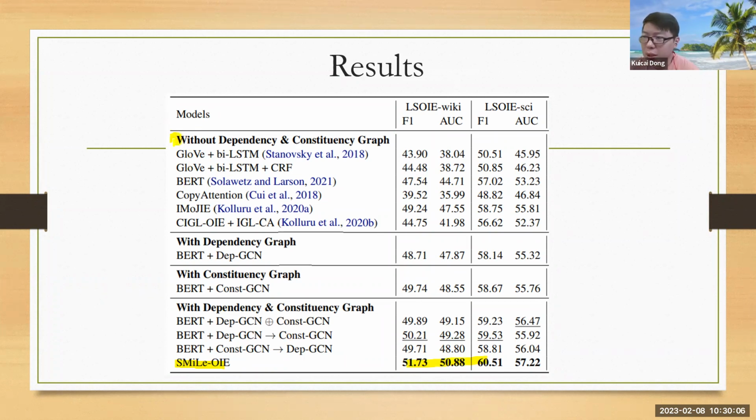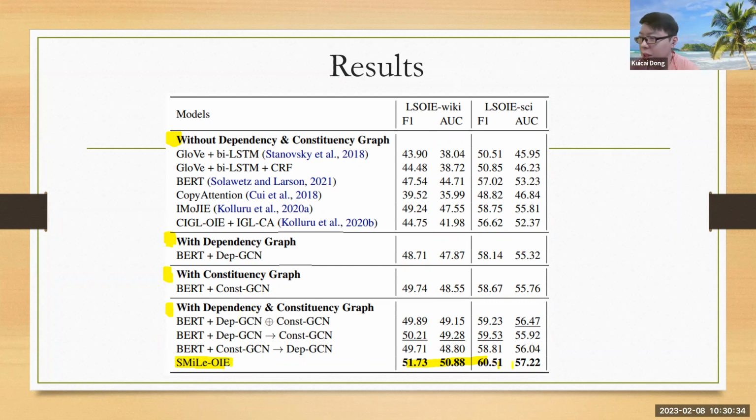First is the method without dependency and constituency graph. Then the method with only dependency graph. The one with only constituency graph. The one with both dependency graph and constituency graph, but without multi-view learning. Then our final method is with both graph and multi-view learning.